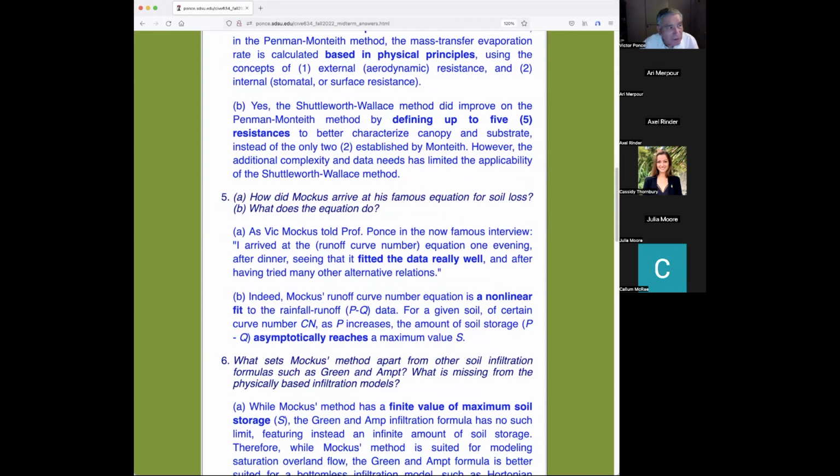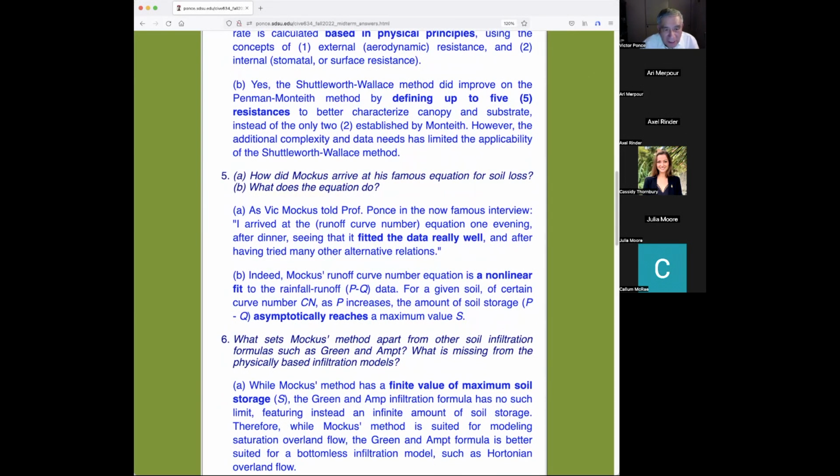So number 5: how did Musgrave arrive at his famous equation for soil loss? What does the equation do? This is a fundamental equation that all of you should be very aware of. The first part is historical, because people could say, I don't care how he got it, but he got it, published it, and it was accepted.